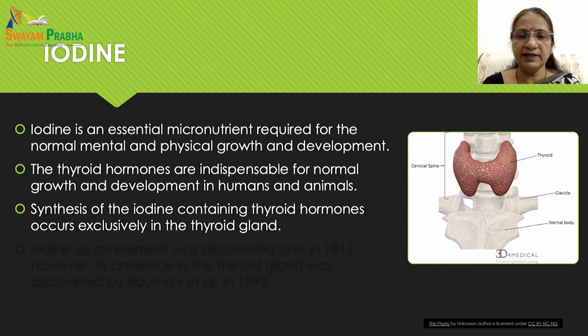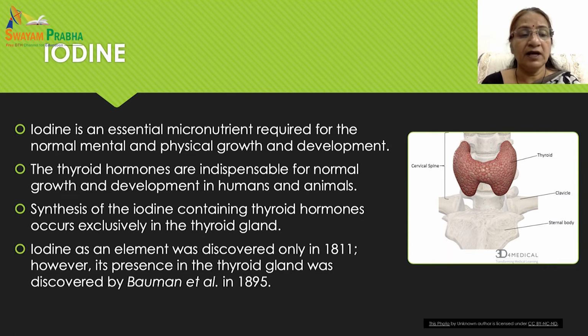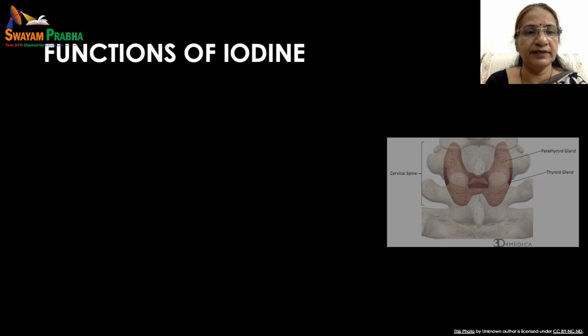Synthesis of iodine containing thyroid hormones occurs exclusively in the thyroid gland. Iodine as an element was discovered only in 1811. However, its presence in the thyroid gland was discovered by Baumann et al. in 1895.